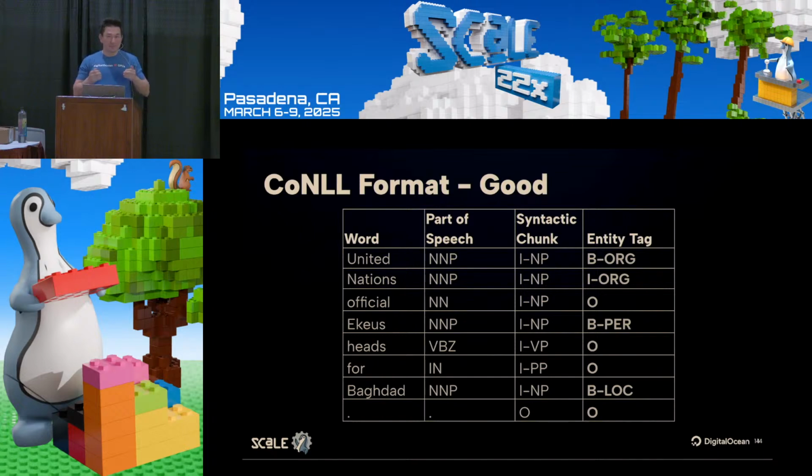If you were doing IMDb for movies, you'd have B-movie for the first word of your favorite movie, if it's more than one word. The next words would be I-movie, I-movie, I-movie. Then when you train the machine learning model and say you're interested in movies, it will give you that whole chunk as one entity.